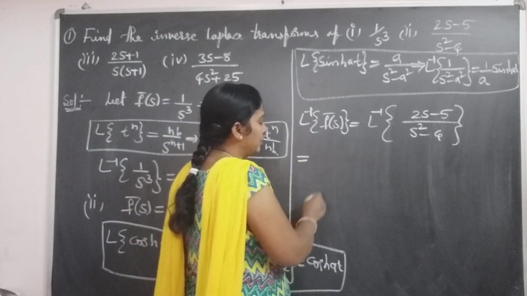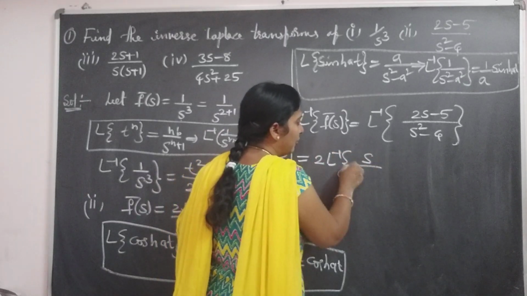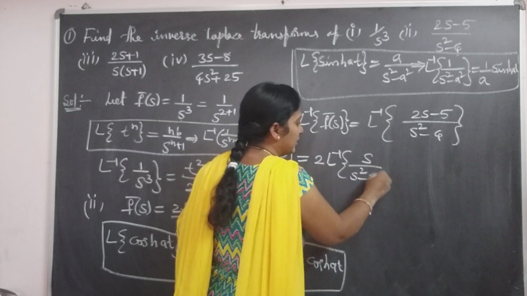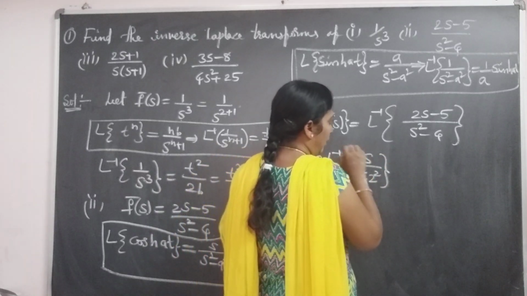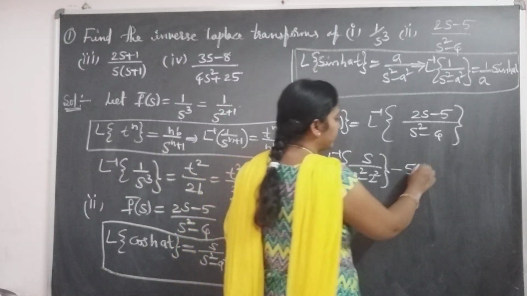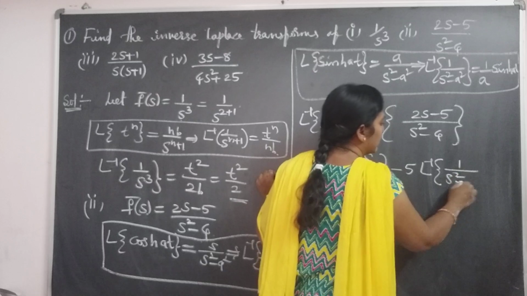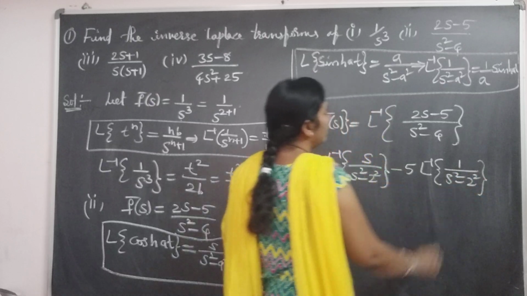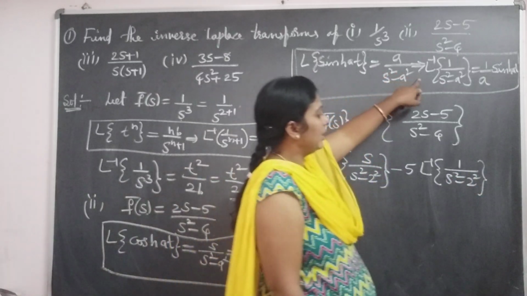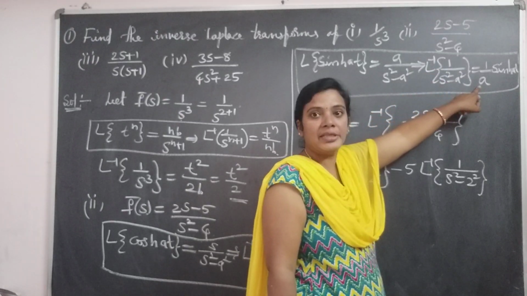That is equal to 2 into L inverse of s by s square minus 2 square, constant right outside, minus 5 into L inverse of 1 by s square minus 2 square. In the place of L inverse of 1 by s square minus 2 square, a is replaced by 2.